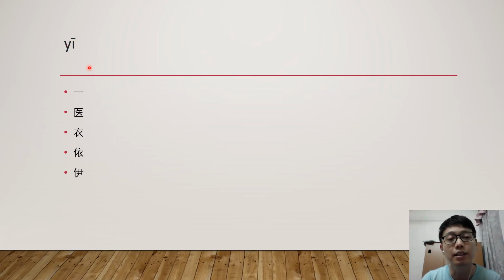E. So this is one pronunciation, but it can have many different words. For example, I just give these 5 examples. All of them are pronounced exactly the same, E. However, the writing style, how to write them, and the meanings are totally different.